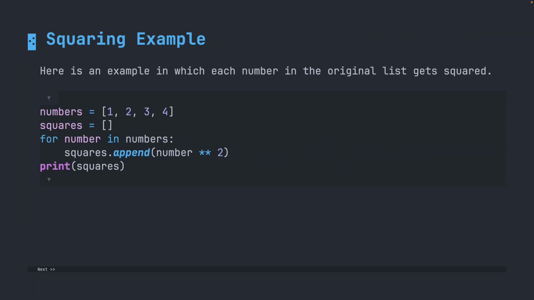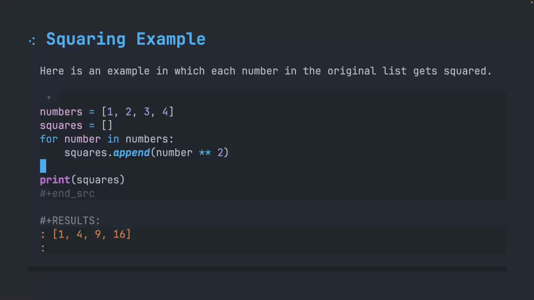We saw how it worked with strings, but there's nothing special about a list full of strings. You can also use a list full of integers or whatever object you want. So here's the original recipe. We have the numbers list. We initialize a new list called squares. We use a for loop, and then we append what we want. We want the number squared, and when we print this out, we get each of the original numbers squared.